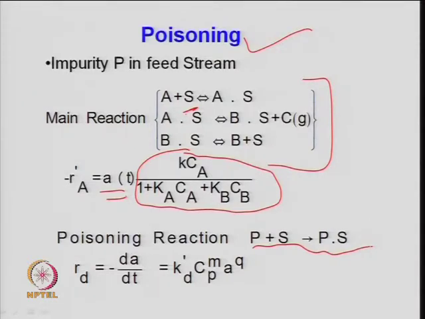This is written here in the form of k_d' times the concentration of the poison precursor P to the power m times the activity to the power q. Generally, the poison precursor concentration and this whole term can be combined together because it is present in the feed itself.